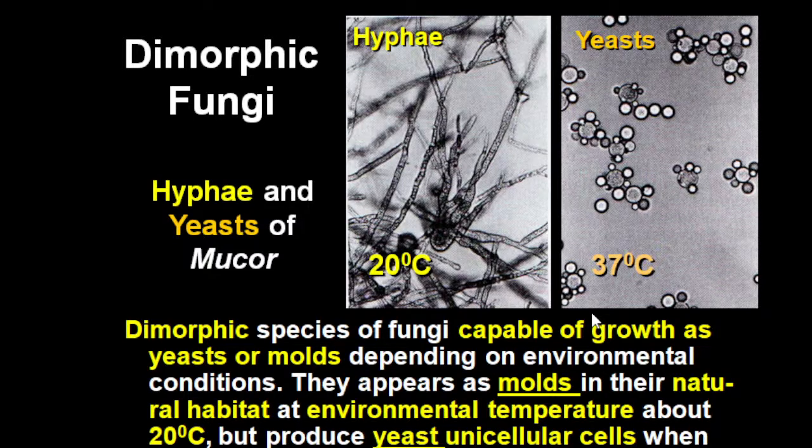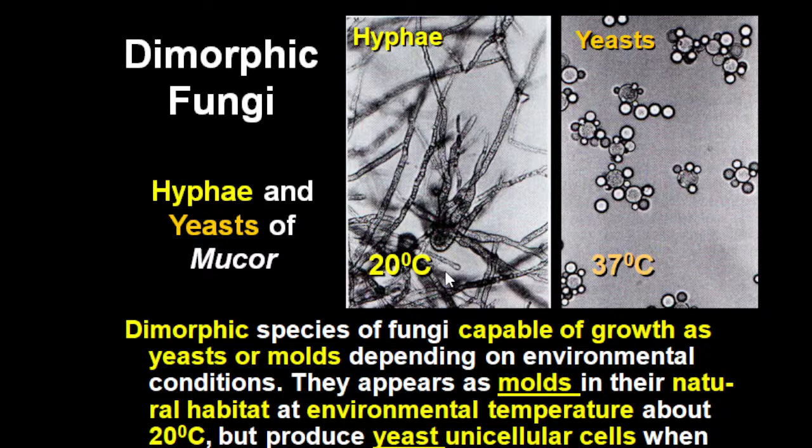The dimorphic species of fungi are capable of growth as yeasts or molds depending on the environmental conditions. For example, some appear as molds under 20 degrees Celsius, and you can see how they appear. Mucor is an example of this dimorphic fungus. See how it looks under 20 degrees Celsius in its natural environment.